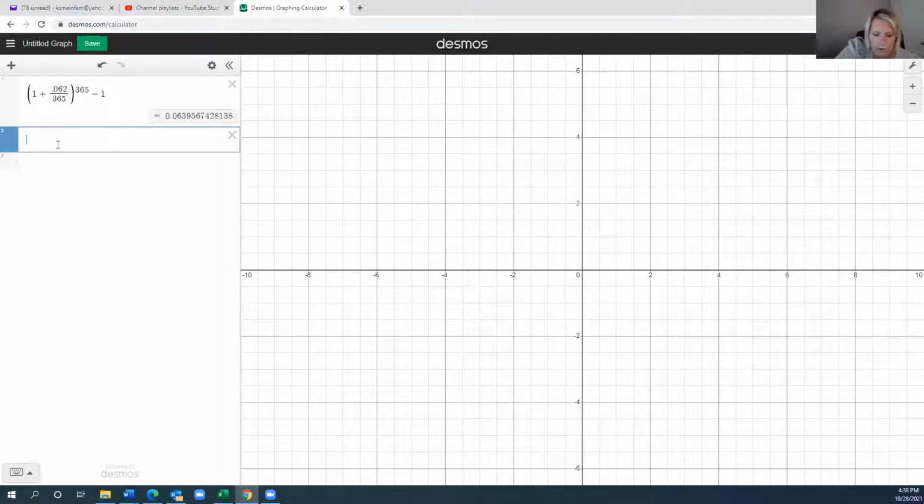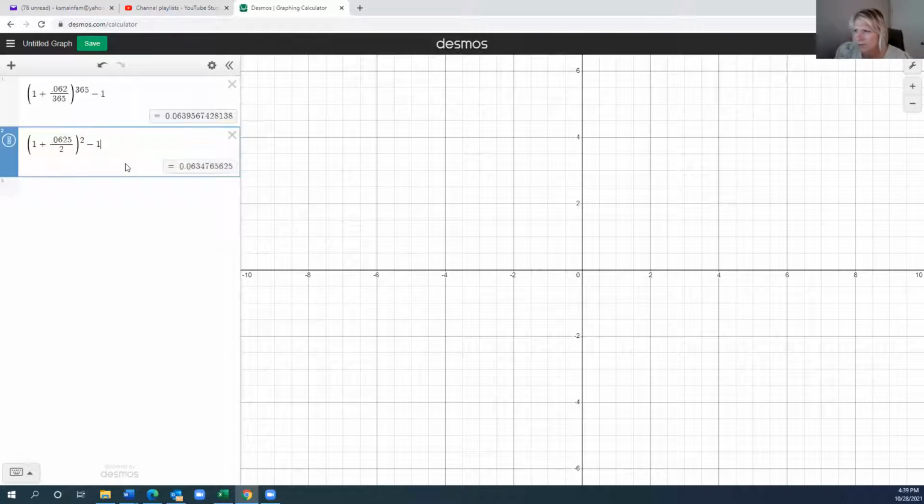Now here we have 1 plus 0.0625 divided by 2. Okay. So the first one, the effective rate is 0.06396. And the second one is 0.0634777.